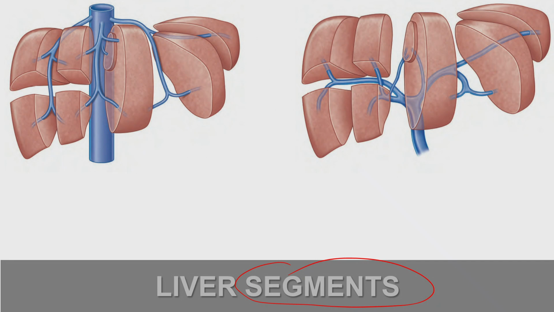The segmental classification could be different. We use the European one, made by Couinaud, a French surgeon. There are also Japanese and American classifications. They are roughly the same, with small differences. So when you work in the US in the future, you will need to know the American nomenclature.